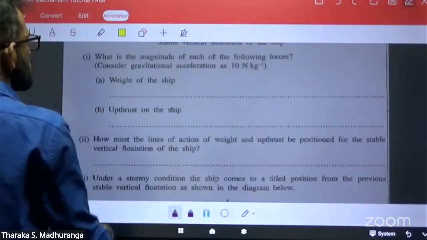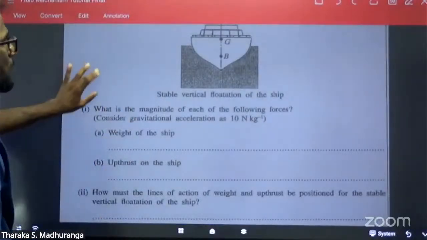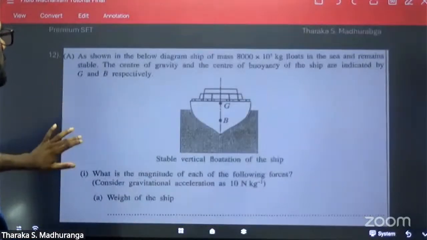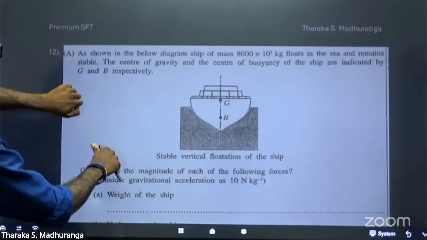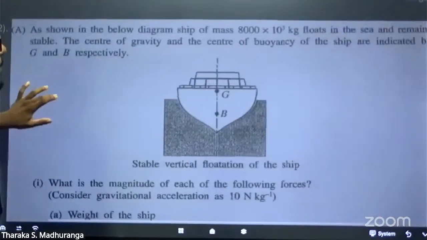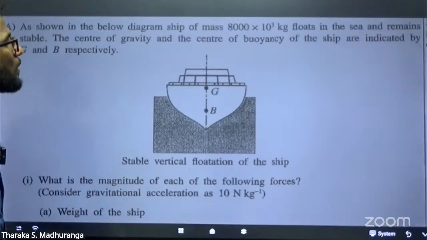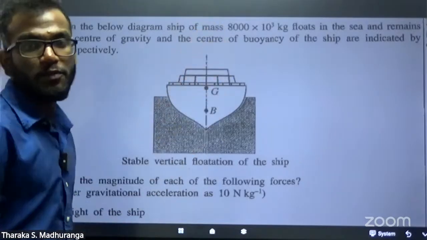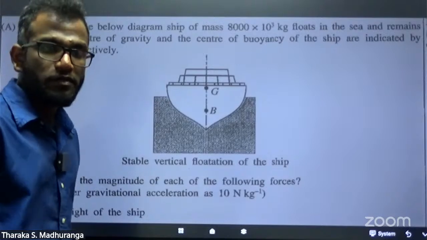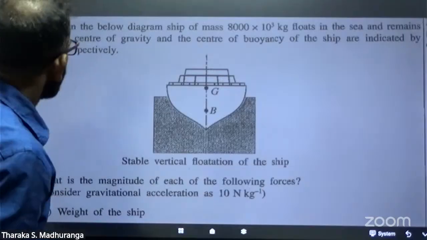This question, this ship question. As shown in the figure below, a diagram of a ship of mass 8,000 times 10 to the power 3, that means 8,000 tons, a large mass, floats in the sea and remains stable.